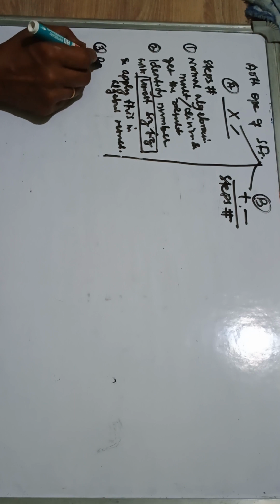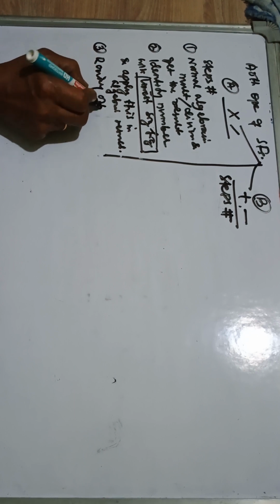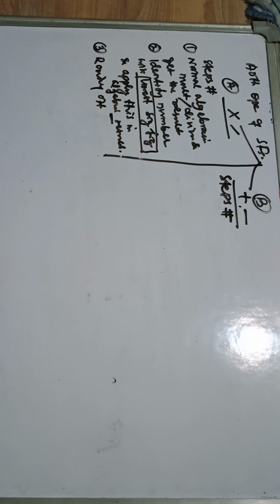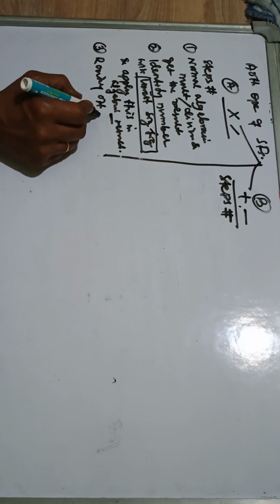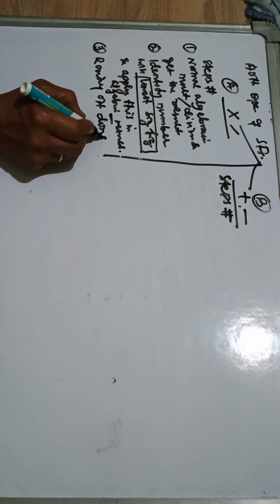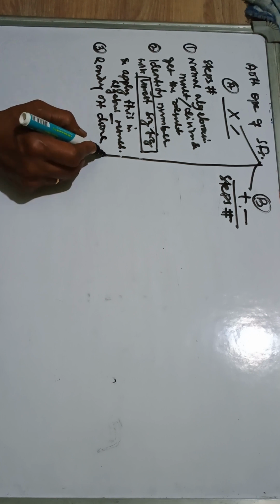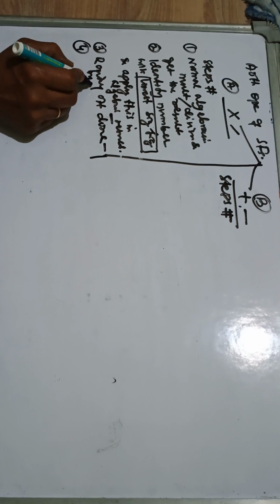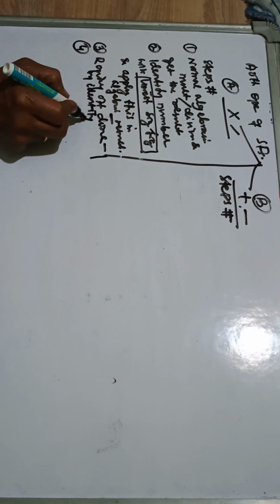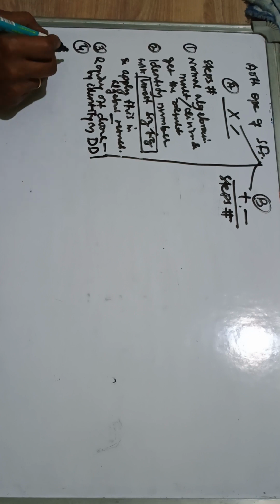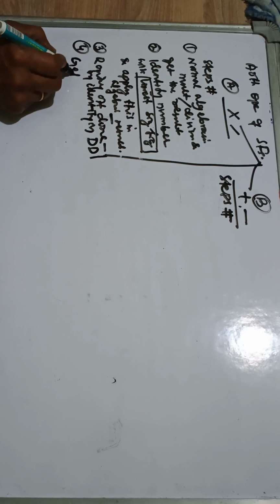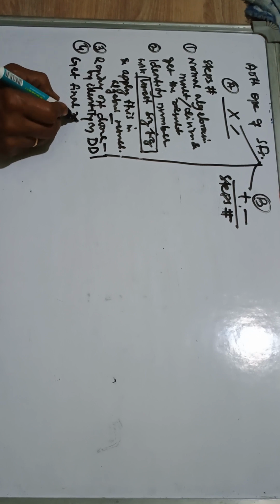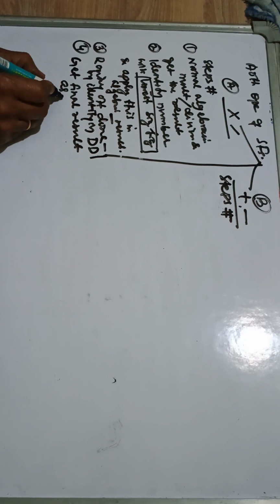Now we do rounding off using this lowest significant figure in the algebraic result. Rounding off is done by identifying the drop digit, DD. Then we get the final result as the answer.